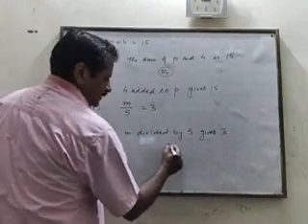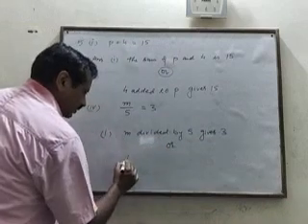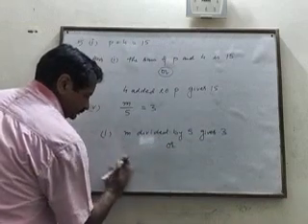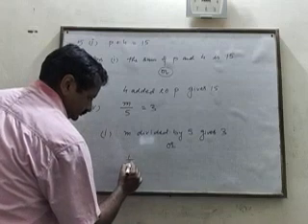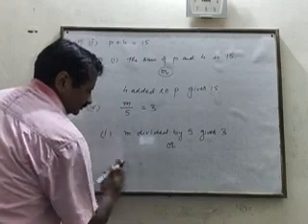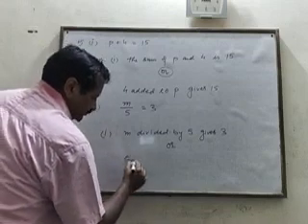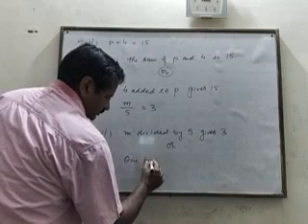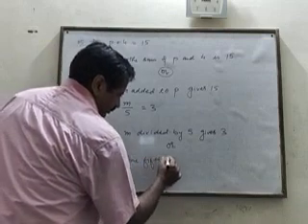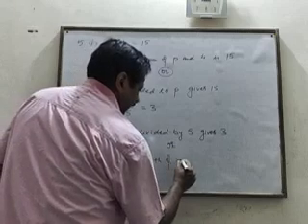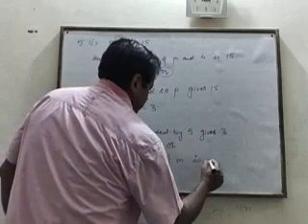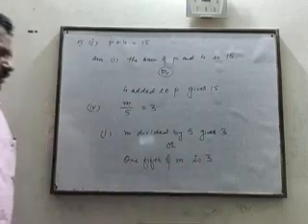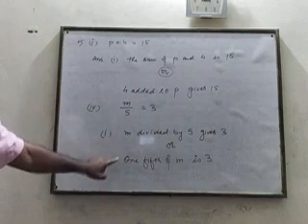Or you can write 1/5 of m is 3. Both answers are right.